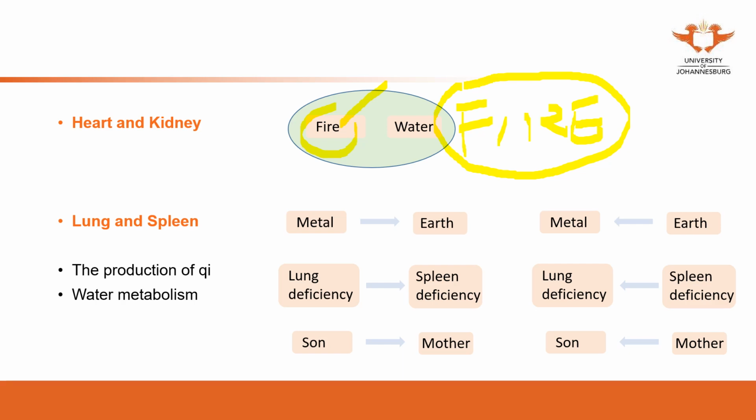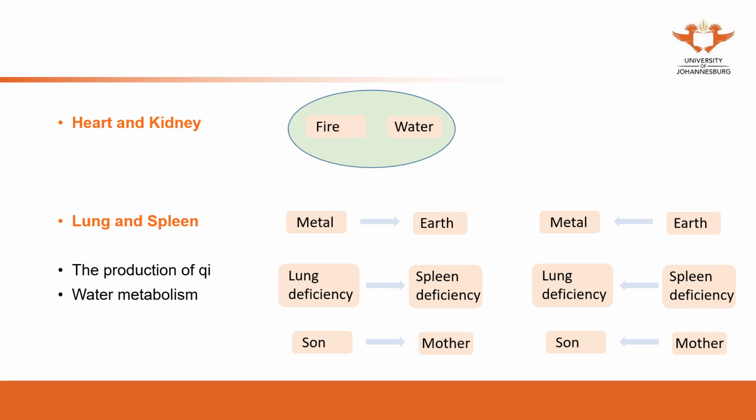The pathological changes of the fire and water. There are many examples, such as a patient who suffers from men's problems, and that's the kidney, because this is related to the kidney. In the meantime, the patient may also suffer from insomnia or poor sleeping, dreaming a lot, or irritability.